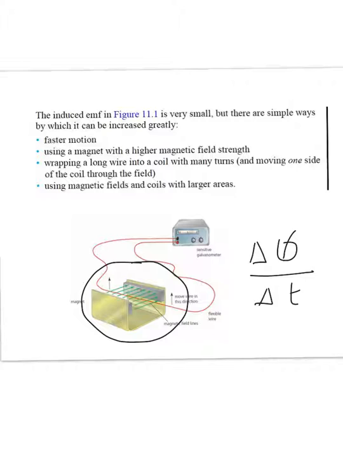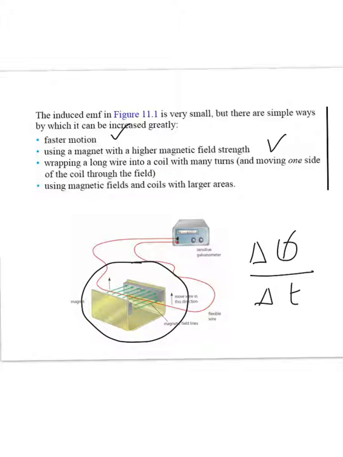How quickly do you cut the lines? So you can generate a higher current by moving either the conductor or the magnet, or changing the magnetic field faster. You can use a magnet with a stronger field strength.